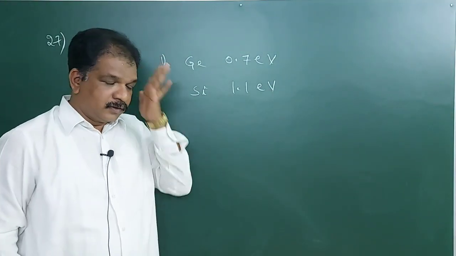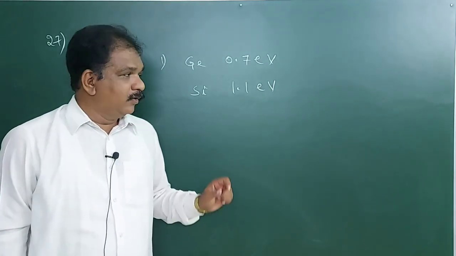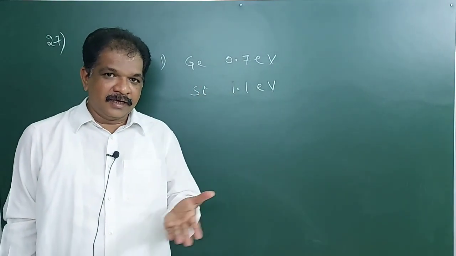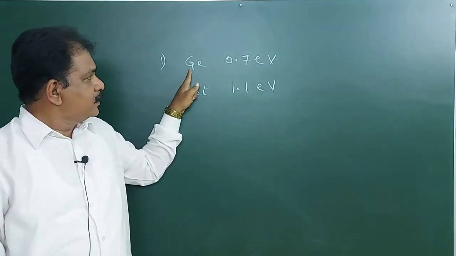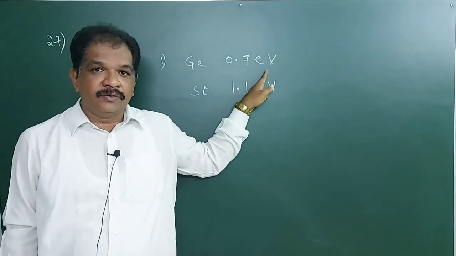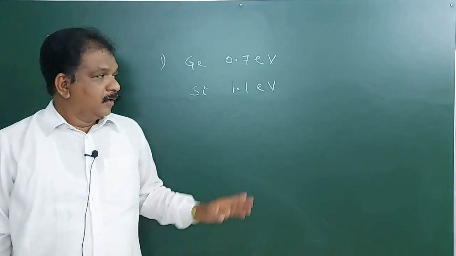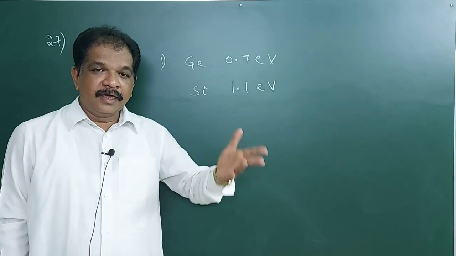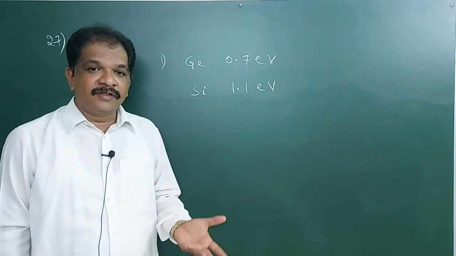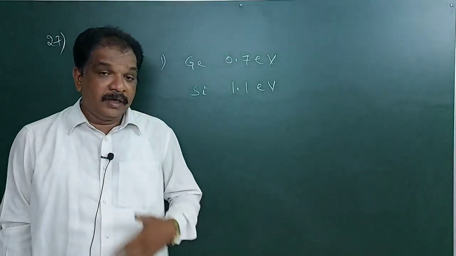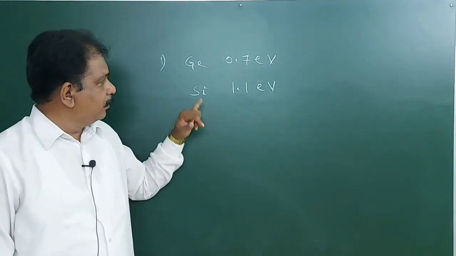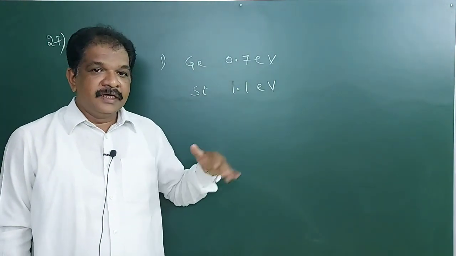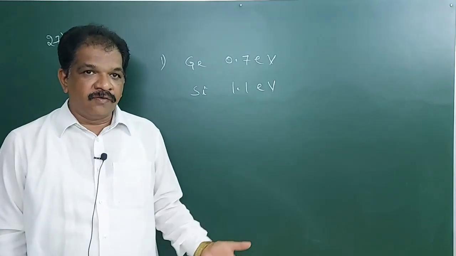Generally you will get confused. What we will do: in the alphabet, G comes first, later S comes. G, H, I, J, K, L, like that. First G will come, so it will have the lesser value. Silicon comes later in the alphabet, so it will have the higher value.